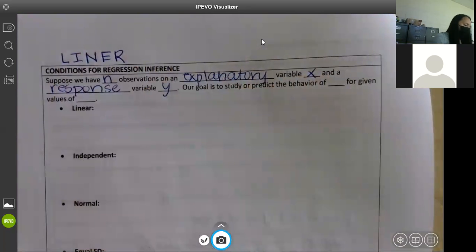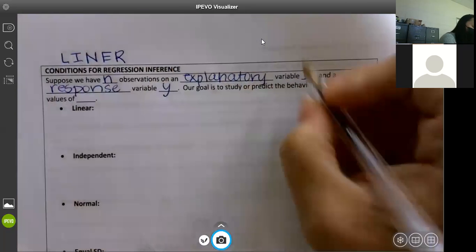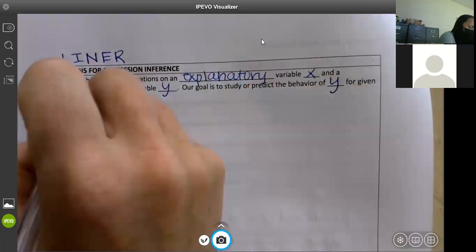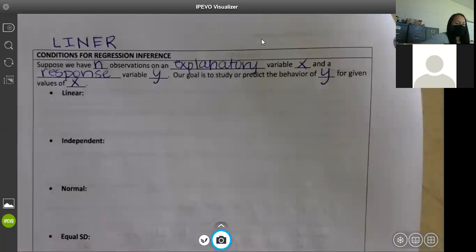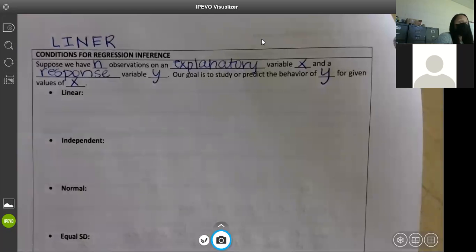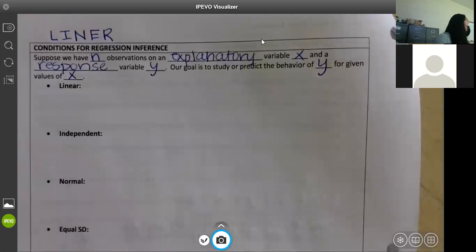Our goal is to study or predict the behavior of y for given values of x. So this is quite a bit to write. I'm just going to forewarn you, but it's explaining exactly what these things are.